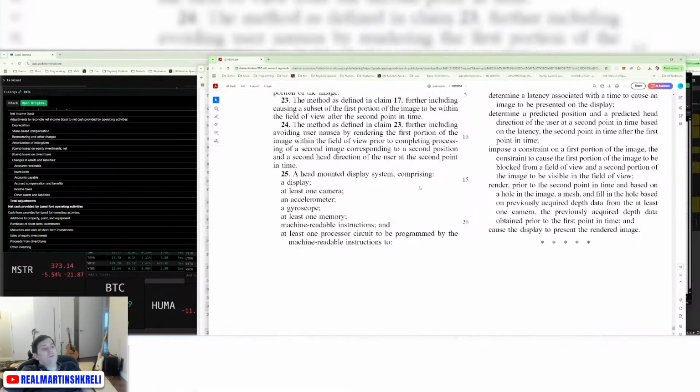So this stuff I think is all well known to the field of head-mounted displays and stuff like that.